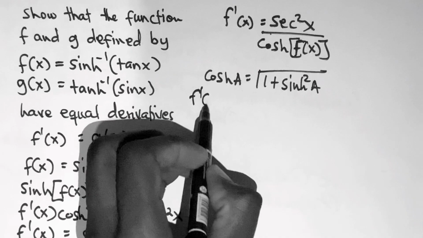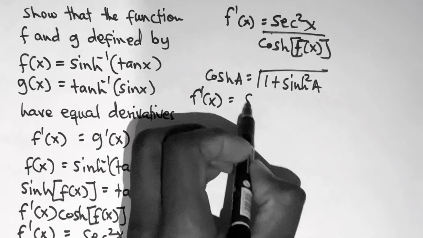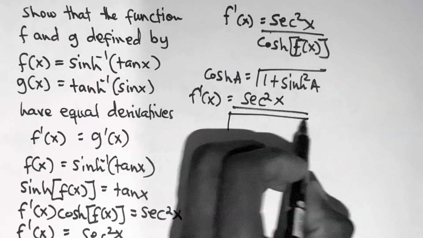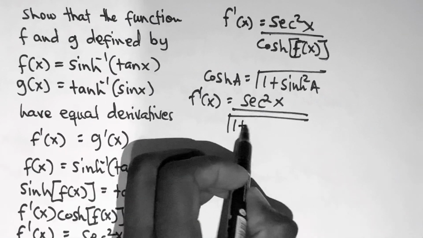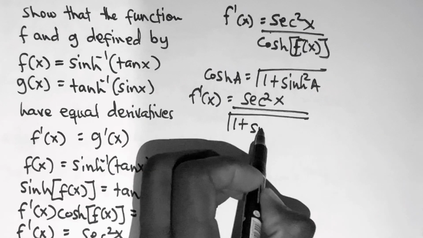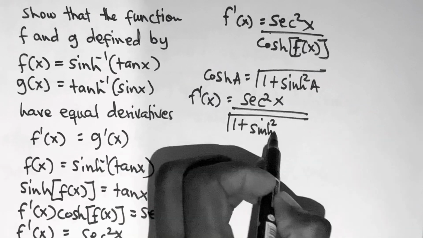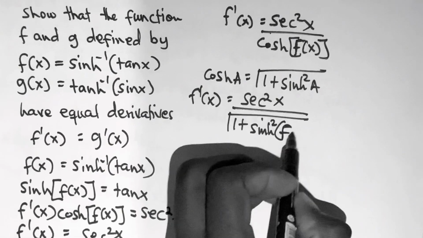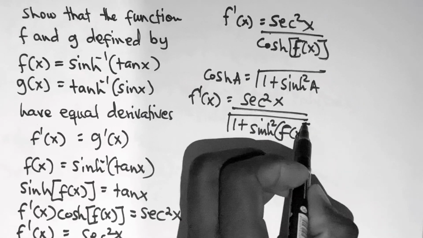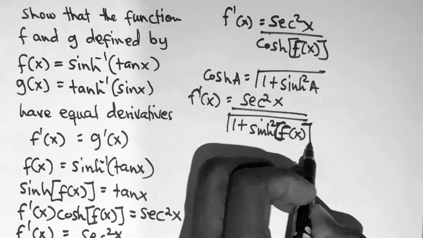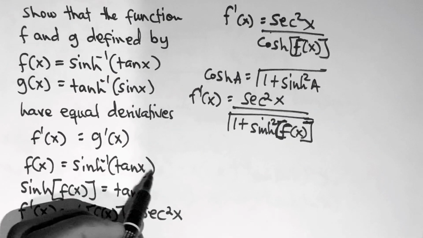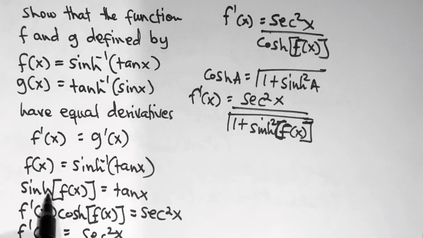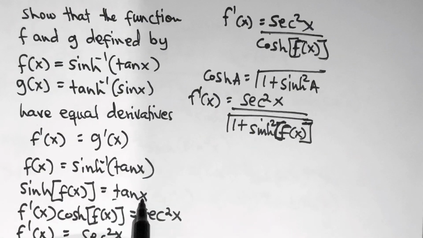So f prime of x is equal to sec squared x divided by square root of 1 plus hyperbolic sine squared of f of x. However, we said that hyperbolic sine of f of x is equal to tan x.